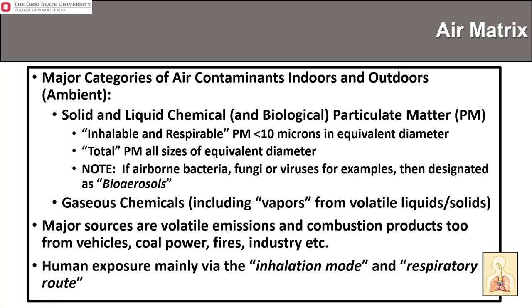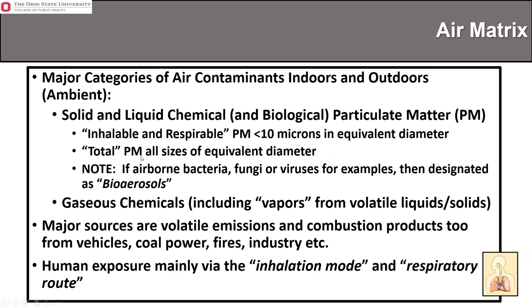And when it reaches about sub-micron, 1 micron or less, it actually can cross from the alveoli and become systemic in the circulation. But all levels, total PM, matter in terms of upper respiratory system irritation, and even some vulnerability to nasal cancers from certain chemicals.